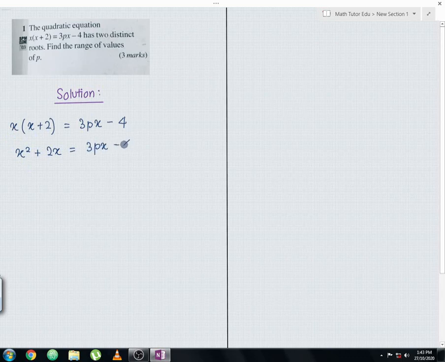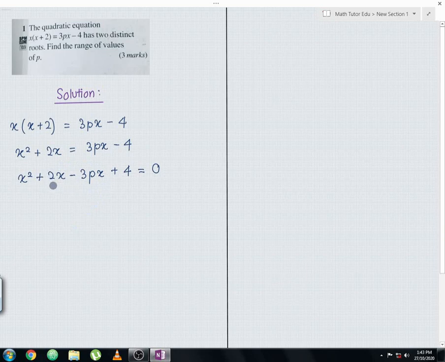= 3px - 4. Okay, for the next step, this 3px - 4 from the right hand side, you're going to move it to the left hand side. So from here x squared + 2x - 3px + 4 = 0. Okay, so for the next step, we're going to factor out the expression x over here.